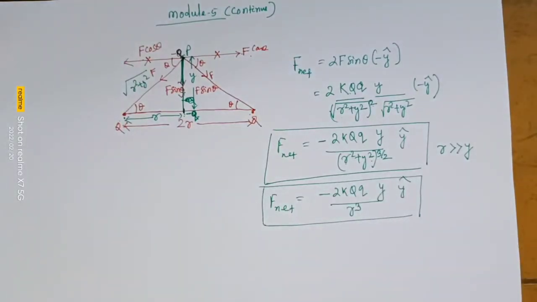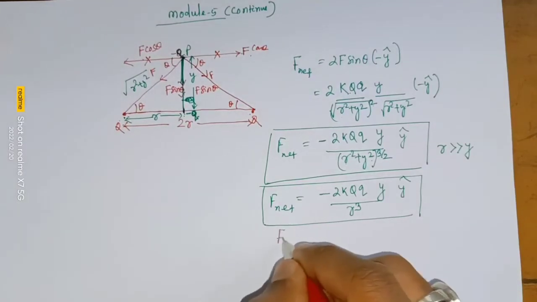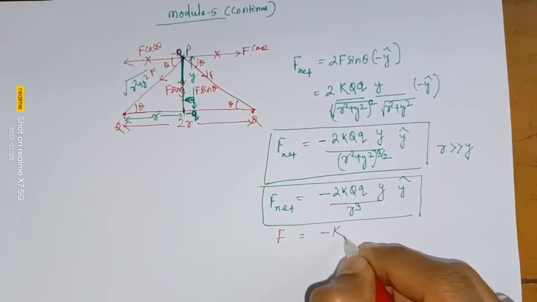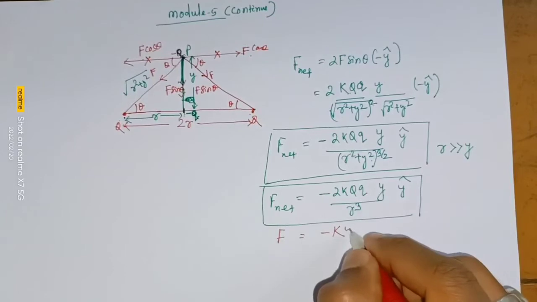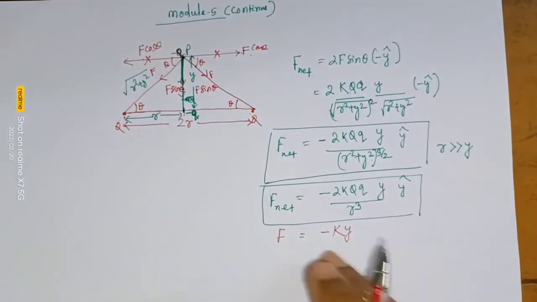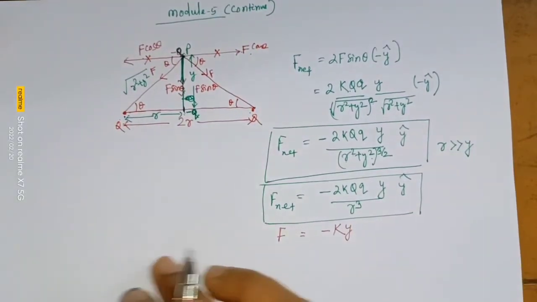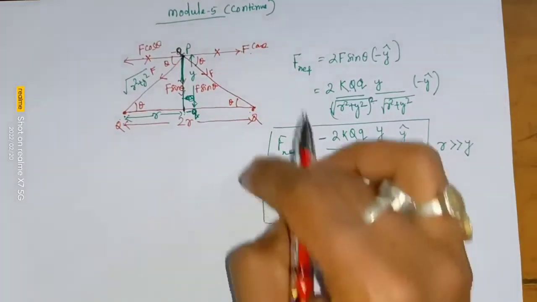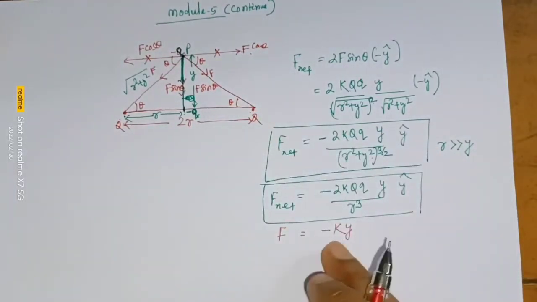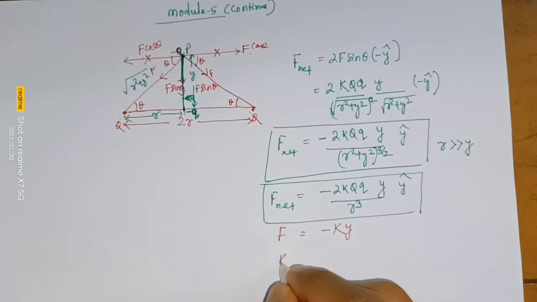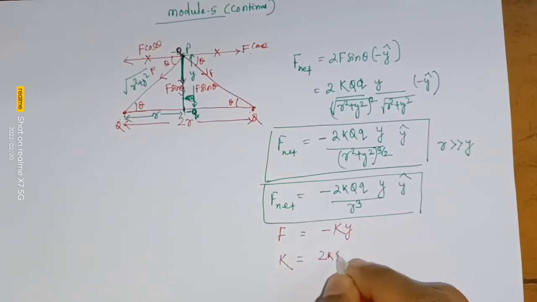I hope the scenario is clear to everyone. Now, for SHM, this F must equal ky, or kx, anything I can write. If it is in the horizontal direction it is x; in the vertical direction we write F equals ky. So what is the value of k? 2kqQ upon r cube.